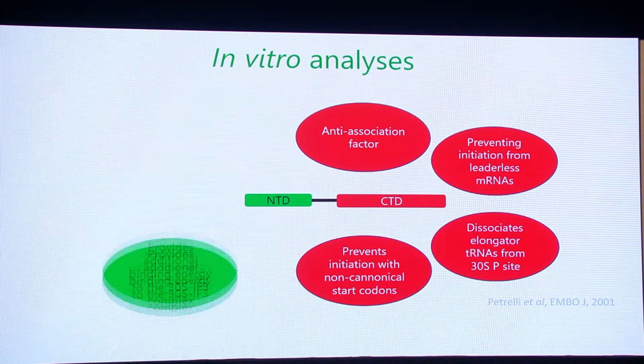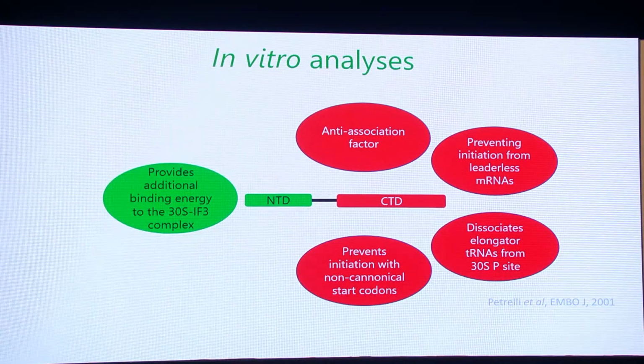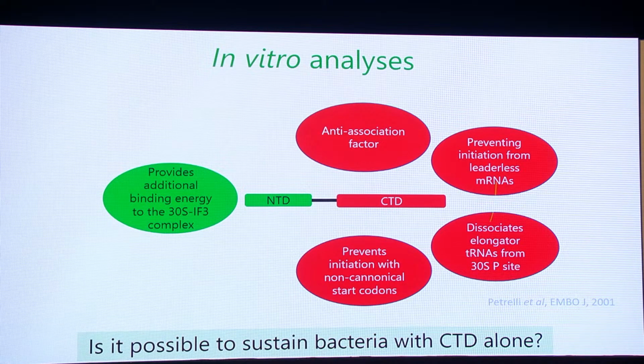The role of the N-terminal domain seems to be only providing additional binding energy of IF3 towards the ribosome. So the question that Shreya asked was, if the CTD is doing all of the functions that IF3 does, can we sustain bacteria with CTD alone?